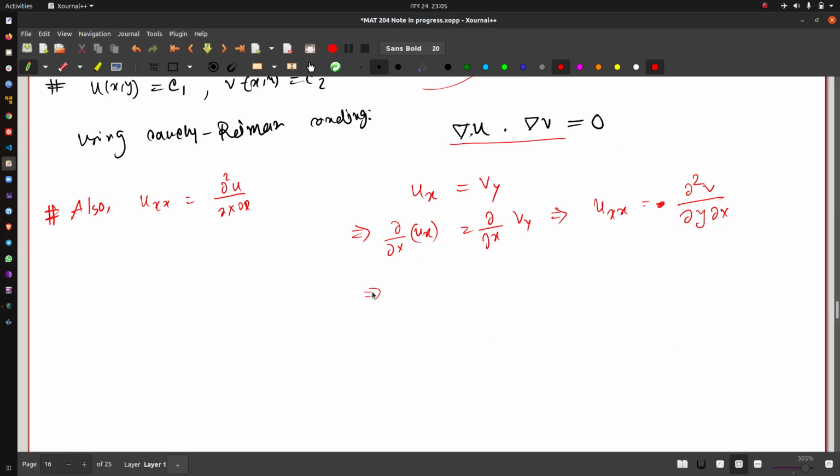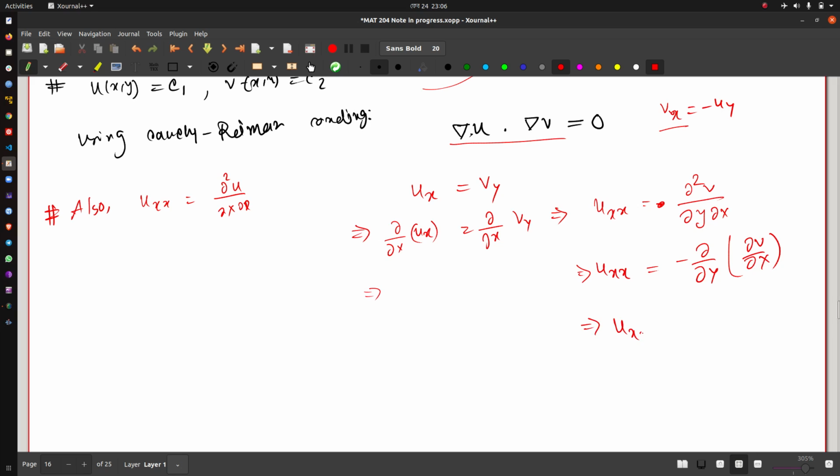Now you use the other Cauchy-Riemann condition, that means vx is equal to minus uy. What you have over here is vx, the first derivative of v with respect to x, and you can replace it with minus uy.